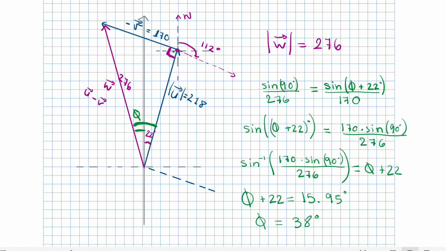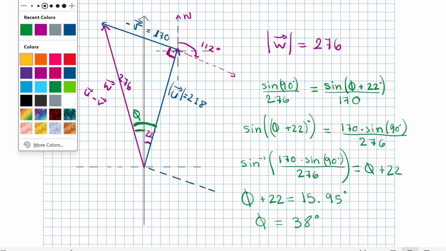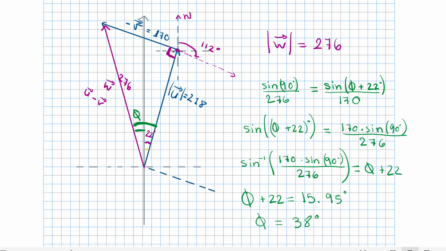And if I want the bearing of that vector w now, remember the bearing in that position will be measured from north all the way around until we reach that vector, right? So from north all the way around. So the only thing that wouldn't be in my 360 full rotation is this section right here, right?